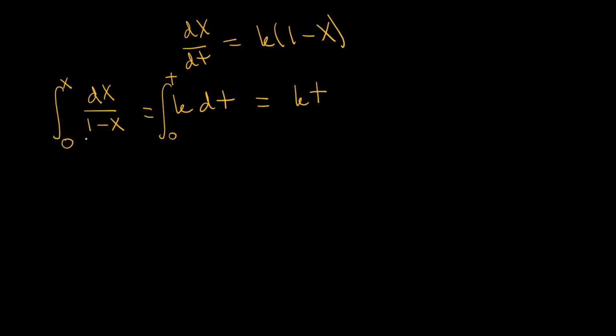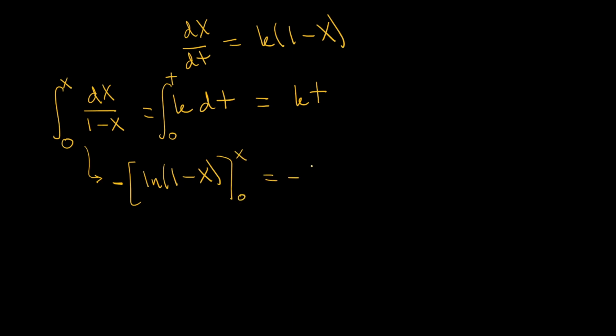Left-hand side, you'll probably remember that if you have a 1 over x, this will turn into a log. So this will become natural log of 1 minus x. But then remember, we have a minus sign because we're subtracting x, so we'll take a minus sign over here. And we're integrating this from 0 to x.